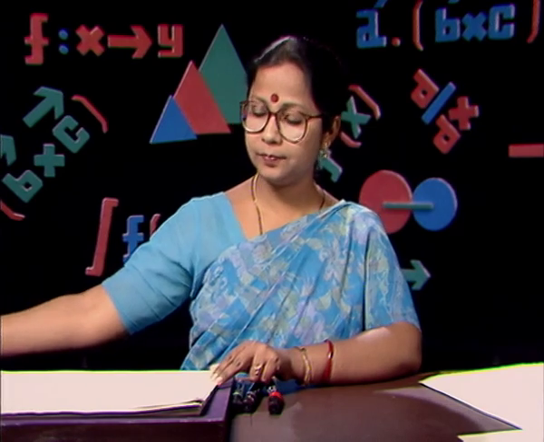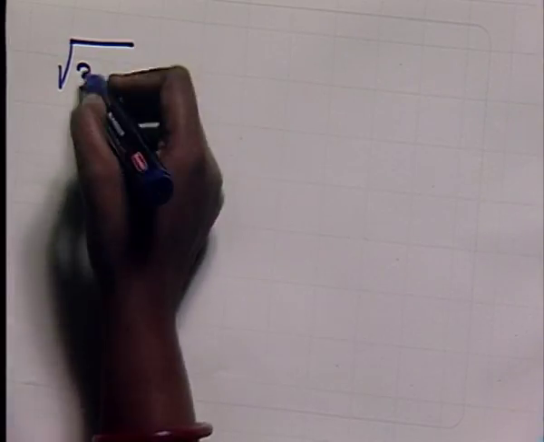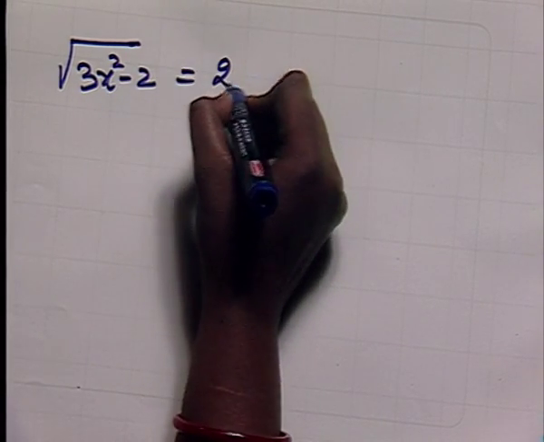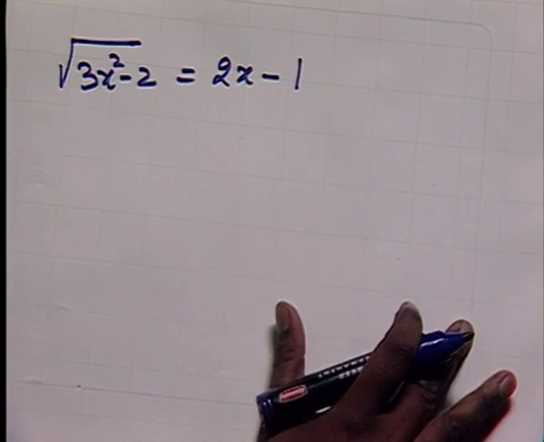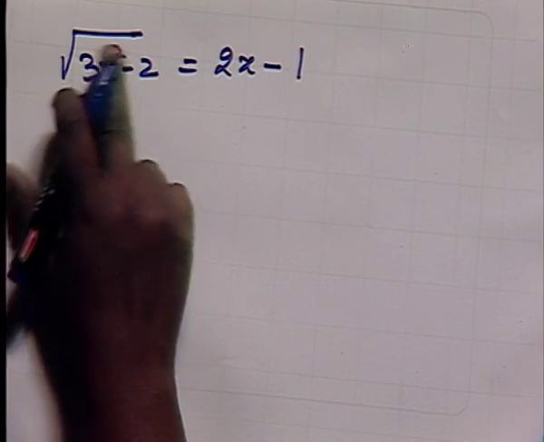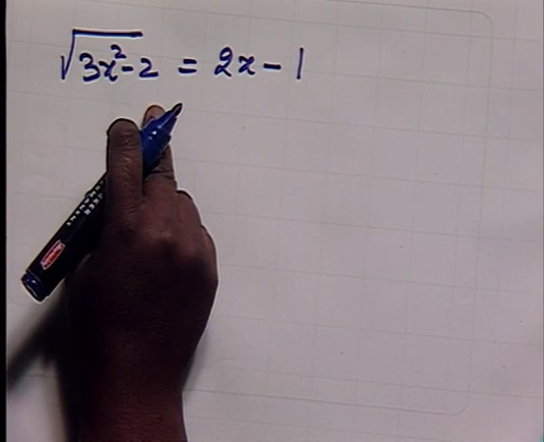Now, consider the equation under root of 3x square minus 2 equal to 2x minus 1. This is an equation involving one radical sign. One term has a radical sign.